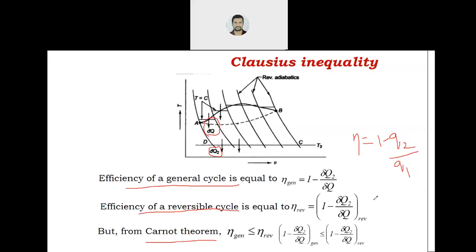Any other cycle means irreversible cycles. Why? Because reversible means the ideal case, all the processes are reversible, but in general things are irreversible, so its efficiency will be less because of some losses. So you can write 1 minus dq2 by dq for the general case is either equal to or less than 1 minus dq2 by dq for the reversible case. Okay. So this you know from the Carnot theorem corollaries.